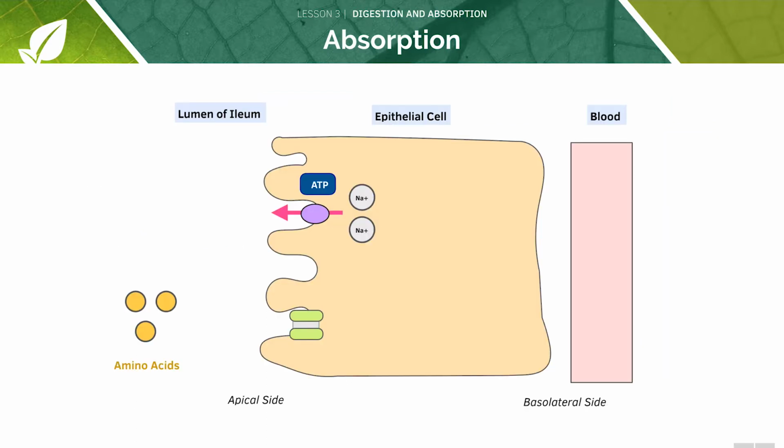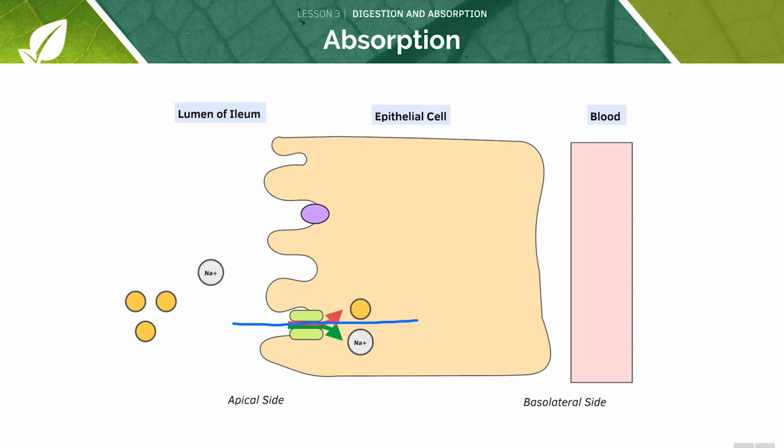Amino acids are absorbed through the epithelial cells of the villi. There is active transport of sodium from the epithelial cell to the lumen of the ileum through the apical membrane. The sodium will diffuse back down its concentration gradient, carrying amino acids via co-transport.